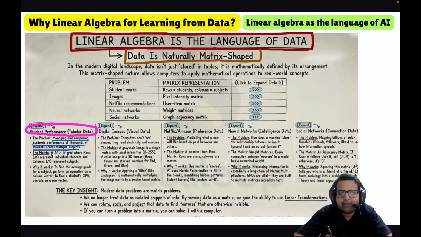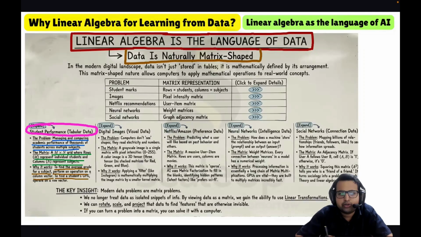So we can have an M cross N matrix where rows represent the individual students and the columns represent the subjects. What advantage do we get if we use this matrix? To find the average grade for a subject, perform an operation on the column vector.